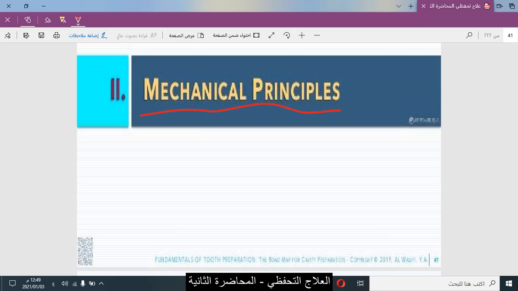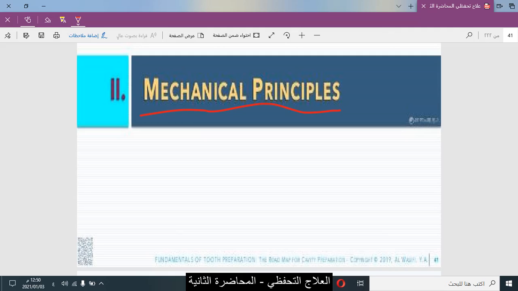So we protect the pulp with a sedative base, for example calcium hydroxide or zinc oxide, before we put bases, for example zinc phosphate or zinc polycarboxylate, or composite restorative materials.